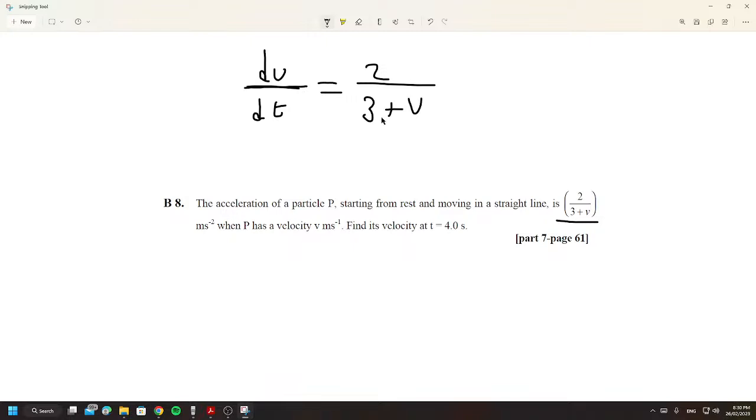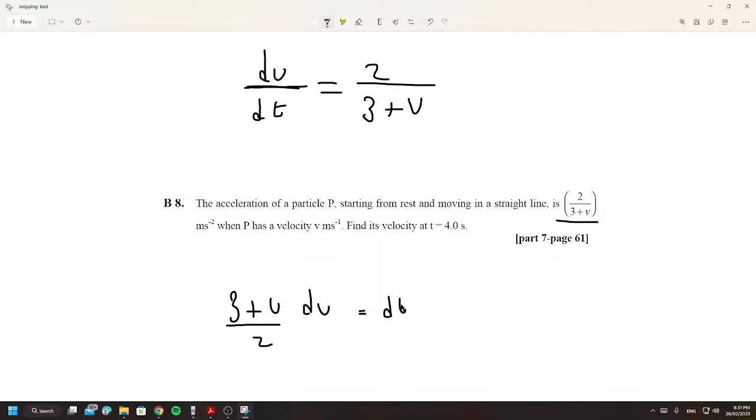So 3 plus v dv over dt equals 2, so 2 dt. So this over 2 is equal to dt.